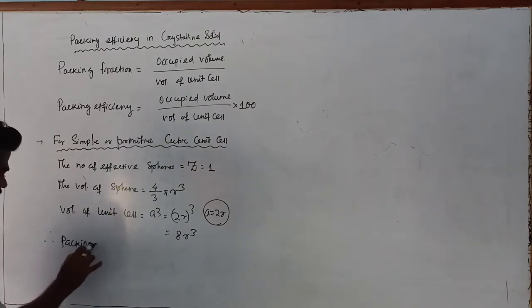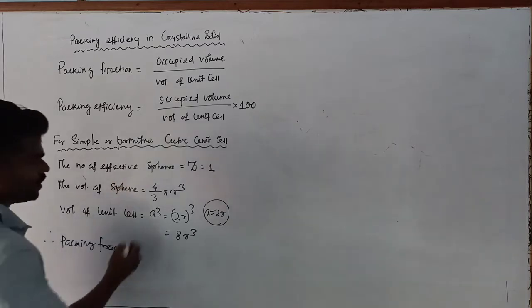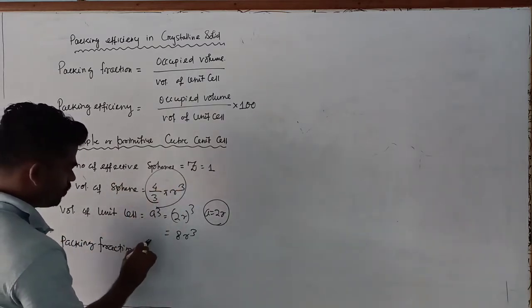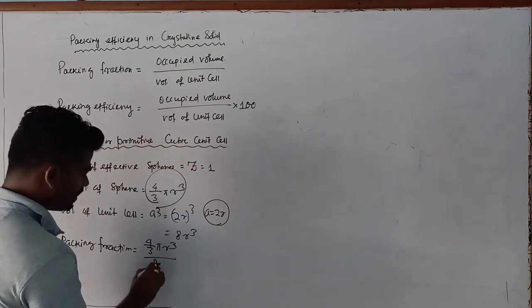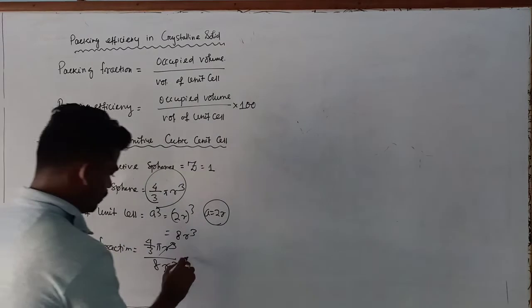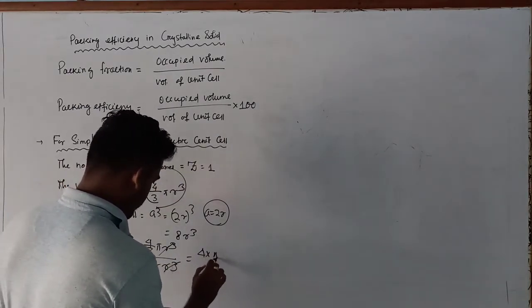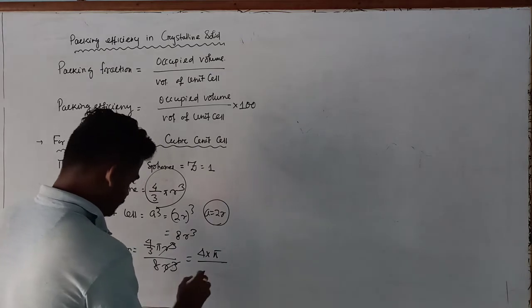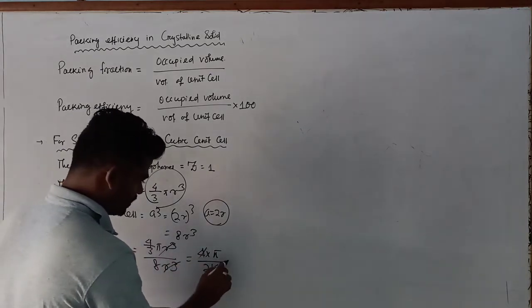Packing fraction is equal to real volume, that is 4 by 3 pi r cube, upon the volume of unit cell, that is 8r cube, r cube gets cancelled, so that will be pi by 6.